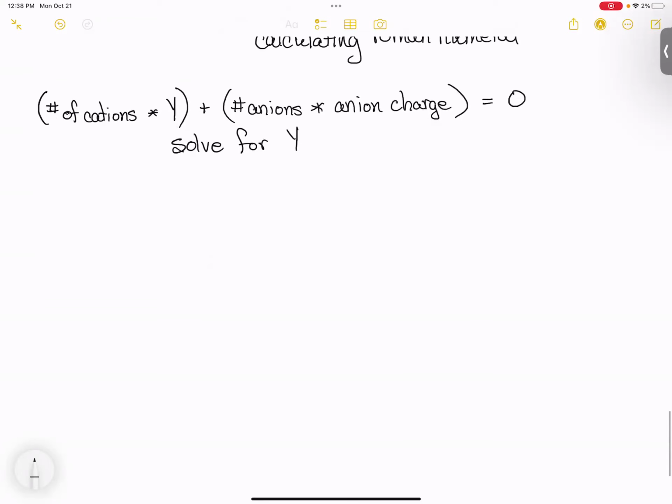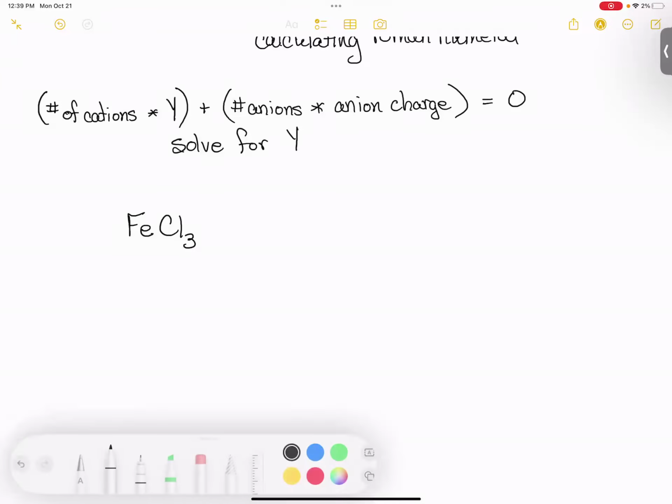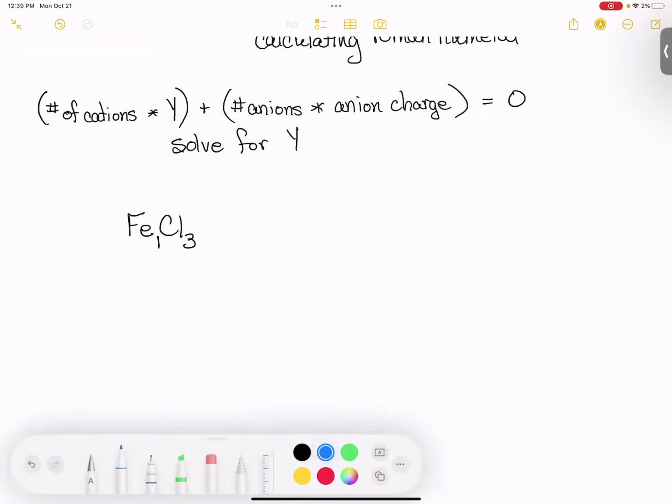So let's see this in action. We know from the formula there is one iron. And you're going to give it the variable y. We know there are 3 chlorines. What charge does chlorine have?